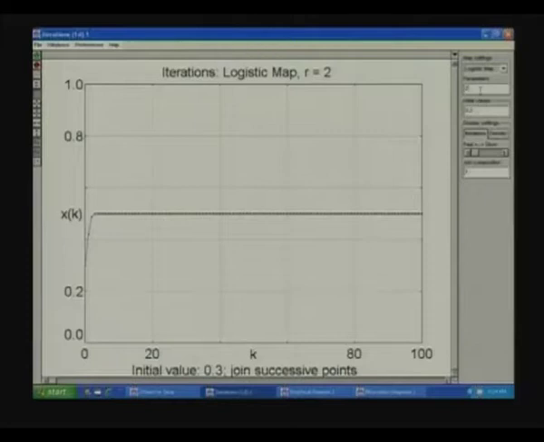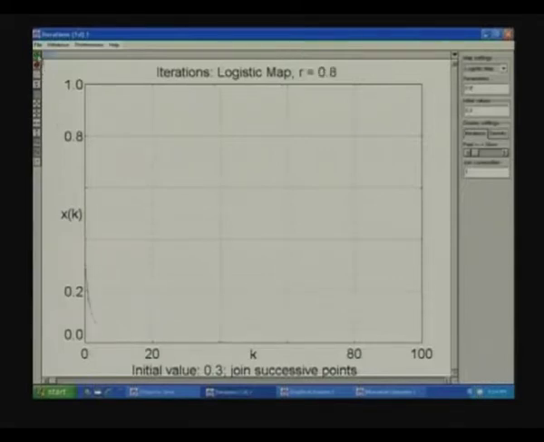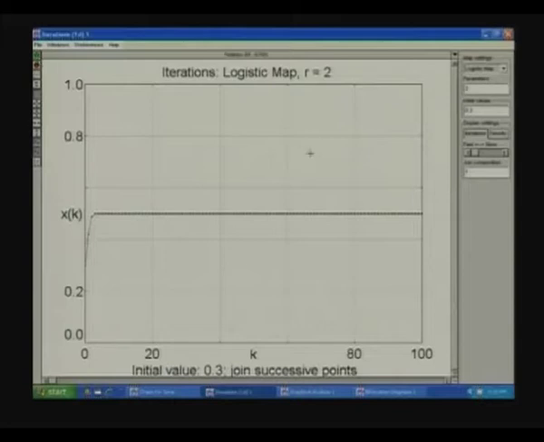Start from a smaller value of the parameter, say 0.8, and it goes to 0. Start from any initial condition, you get a sequence that goes to 0, everything dies down. But if the parameter r is equal to 2, then it goes to a definite value. Good, that is fine.